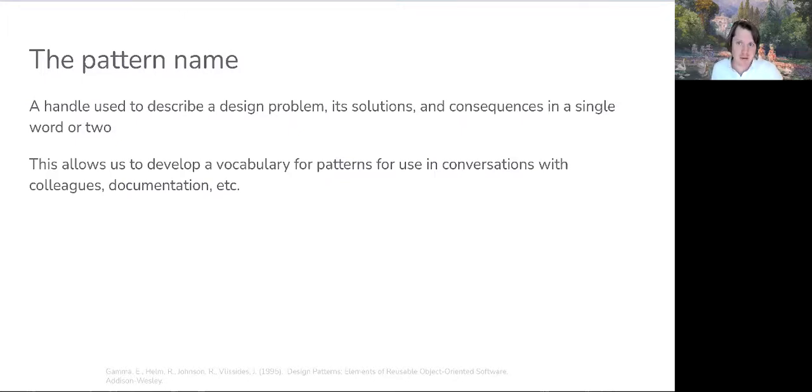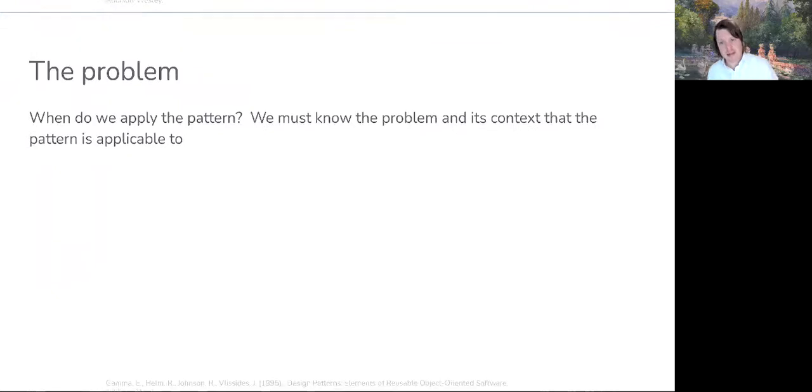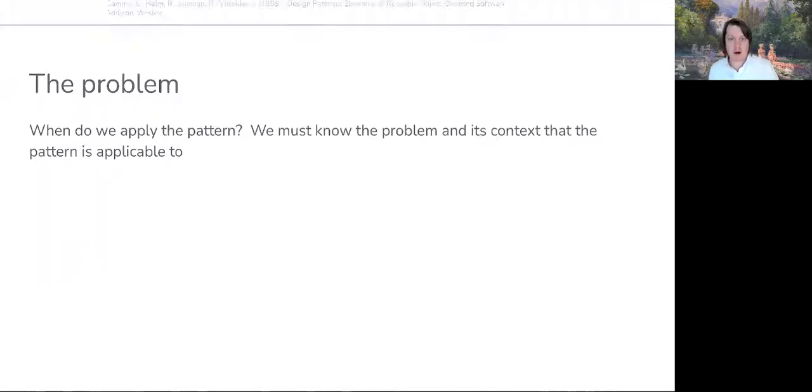If you're not familiar with it, it's very easy to quickly look it up for a refresher. But if you didn't have the name, this would be rather difficult to talk about. So this allows us to develop a vocabulary for patterns for use in conversations, documentation, and pretty much wherever else.